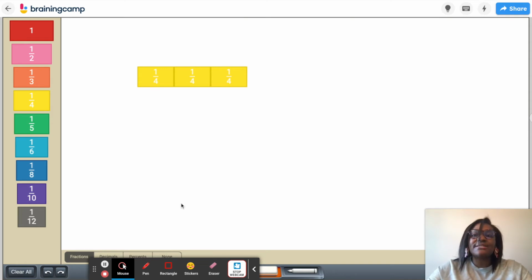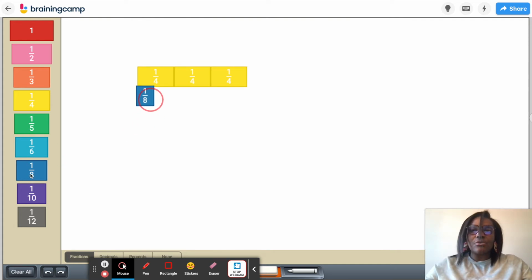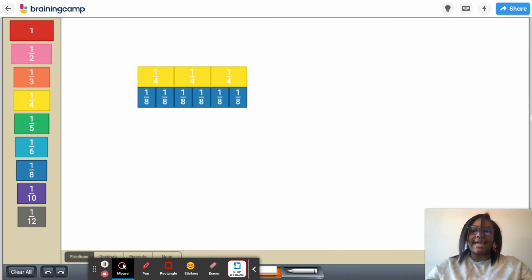Now you're going to say, find some equivalent fractions for 3/4. You'll have students go again with each of the fraction tiles and do trial and error. Most of them will get that 3/4 is also equivalent to 6/8. They'll also see that 3/4 is equivalent to 9/12.